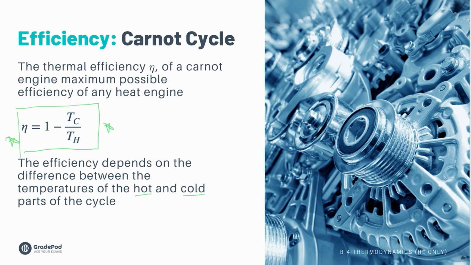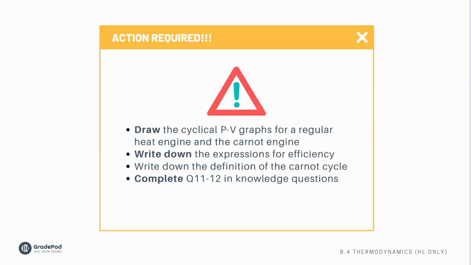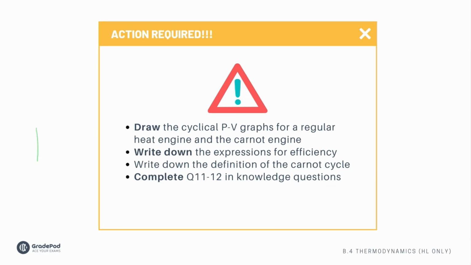It may seem a little bit complicated at the moment, but once you start getting questions on this, I assure you it's very, very easy. Let's head to your revision note template. I want you to go to the graph section again. If you haven't got any room, head to the other notes section and draw the cyclical PV graphs for a regular heat engine. And that was the one that looked like that. It was a nice square.